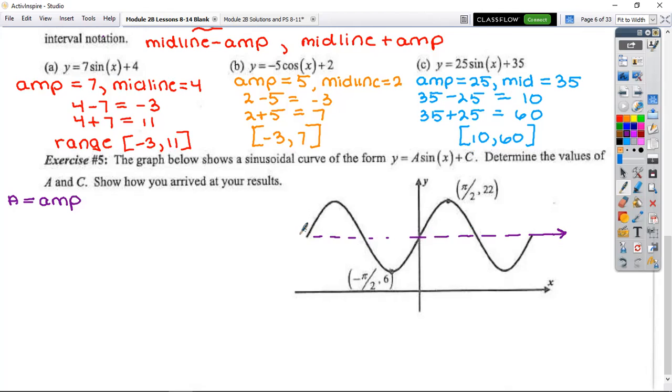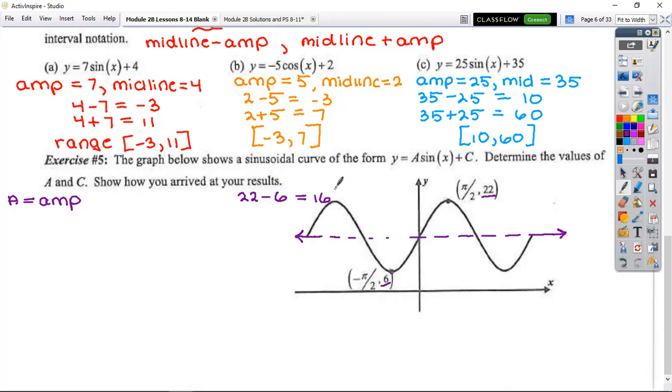Okay. I went halfway. So if we look at our values here, we went halfway between 6 and 22. So how many units are there between 6 and 22? I would do 22 minus 6, which is equal to 16.